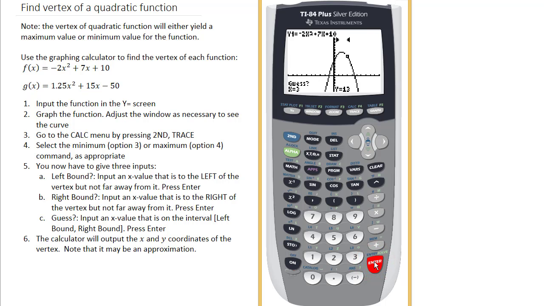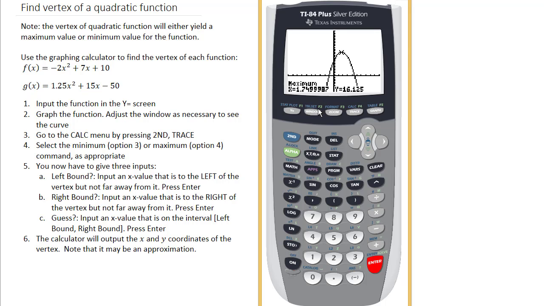And then for a guess, somewhere in between left boundary and right boundary. Or I could use either the left boundary or the right boundary. So I'll type in 2. That's between 1 and 3. I'll type in 2 and press Enter. And it outputs the vertex. Notice that it's approximated, but 1.749987.